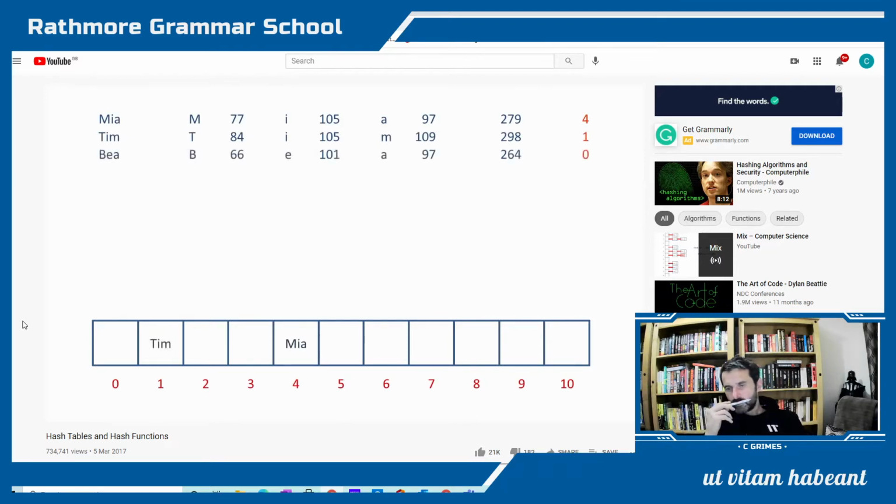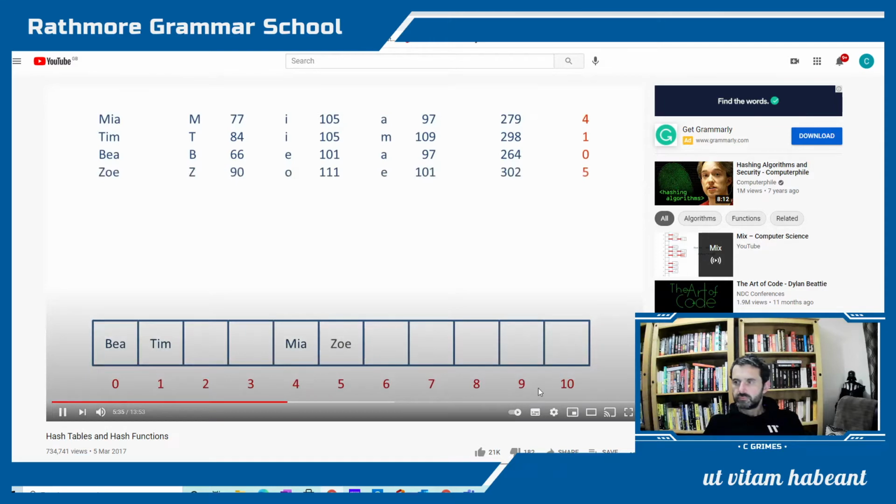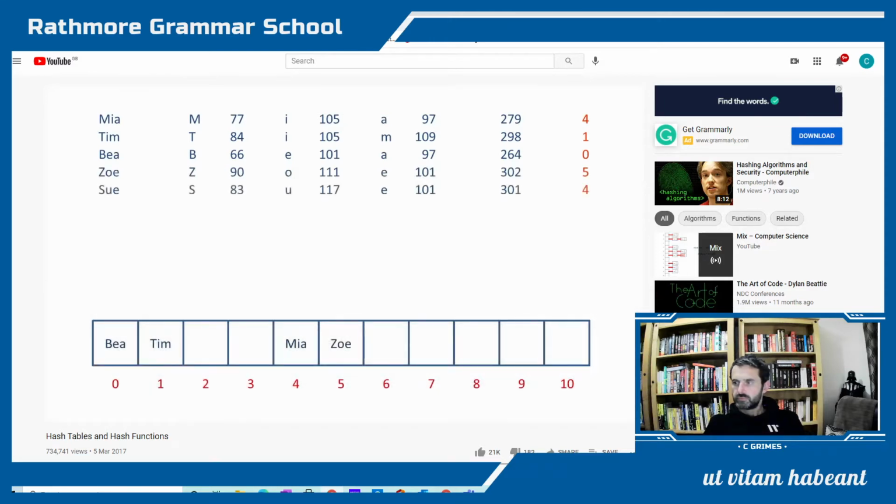B goes in at position 0. When we do the calculation for Zoe, she goes in at position 5. But then along comes Sue, and when we calculate an index for Sue, we get position 4, but this is already occupied. So we look at the next place along, but this too is occupied. But the next place along isn't, so that is where we're going to place Sue.